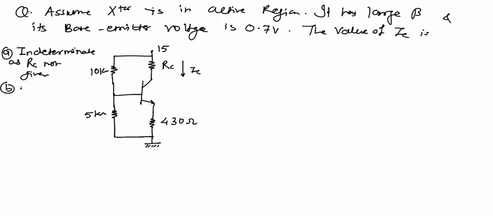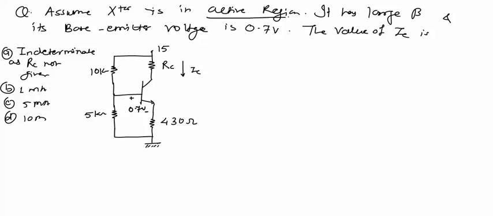Option B is 1 milliampere, option C is 5 milliamperes, and option D is 10 milliamperes. We want to calculate this collector current IC. This collector current IC will be calculated using the procedures we have seen up to now.